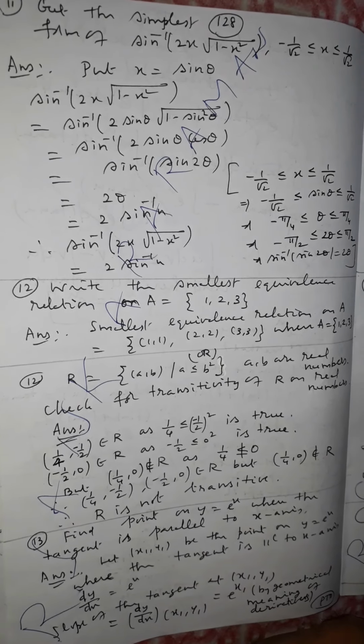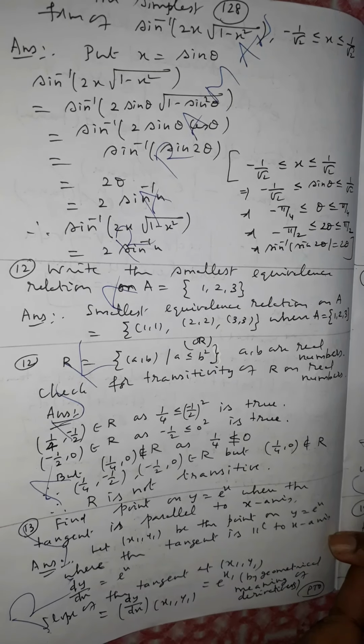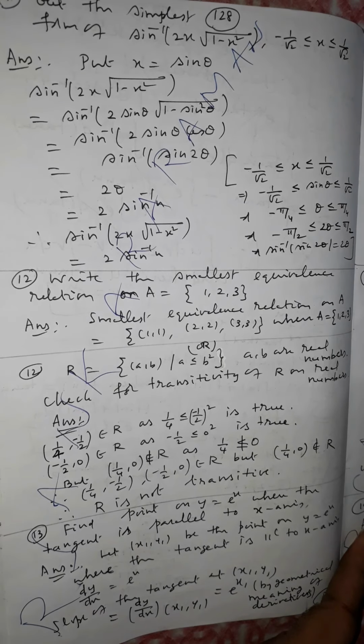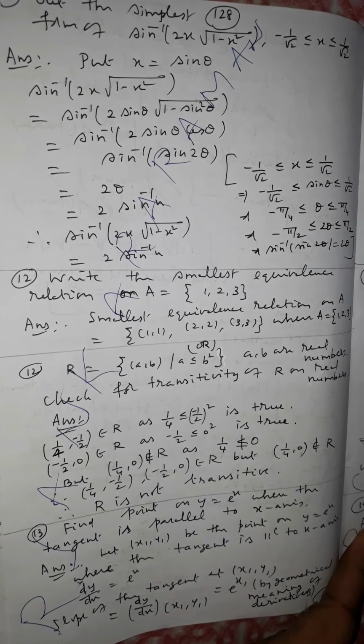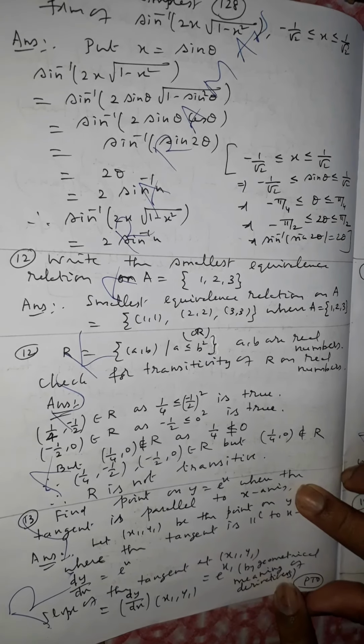Therefore, R is not transitive. I am able to identify an example where (a, b) and (b, c) are elements of R, but (a, c) is not an element of R. Therefore, it is not transitive.